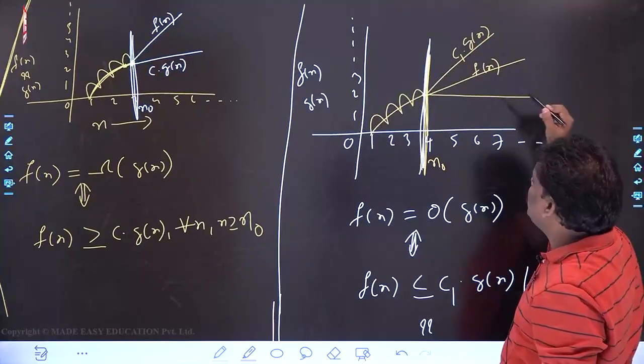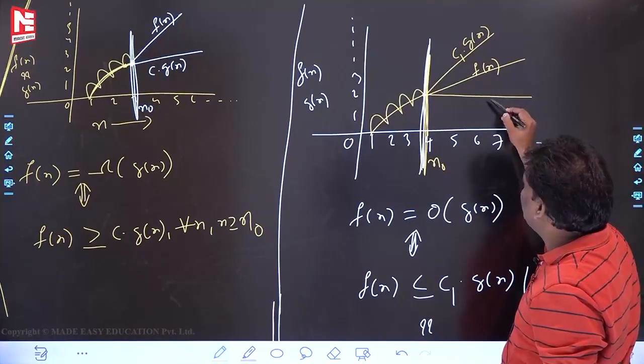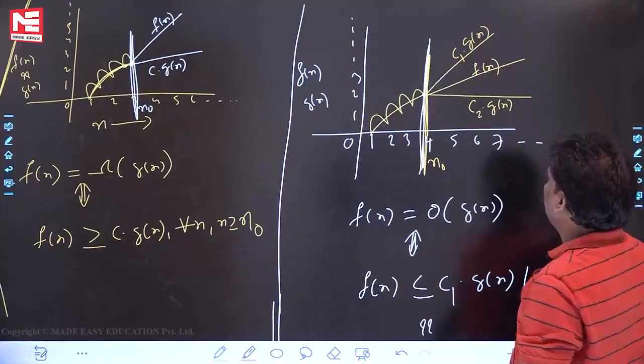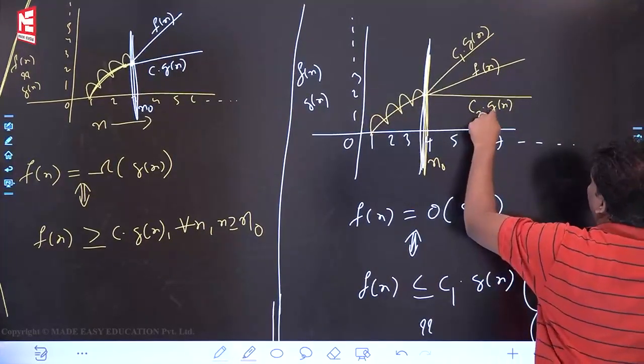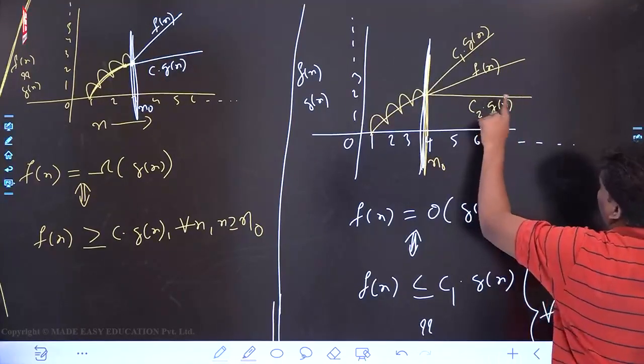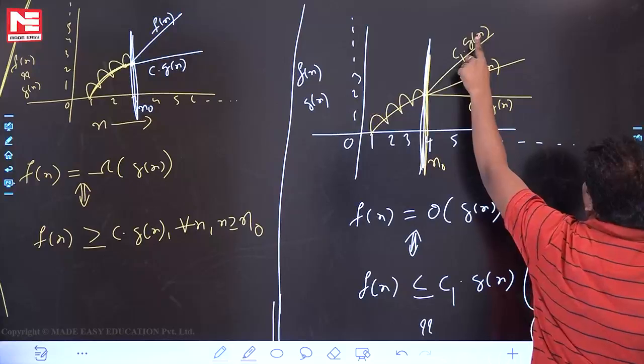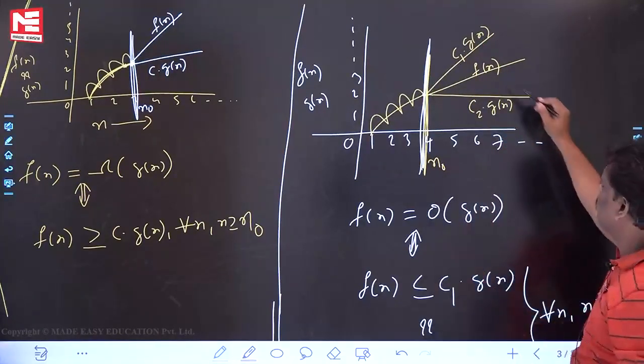Comparing f of n and g of n, what is the answer? f of n is bigger after taking c2 help. By taking c2, I proved that g of n is smaller or equal. By taking c1, I proved that g of n is bigger, comparing with f of n.